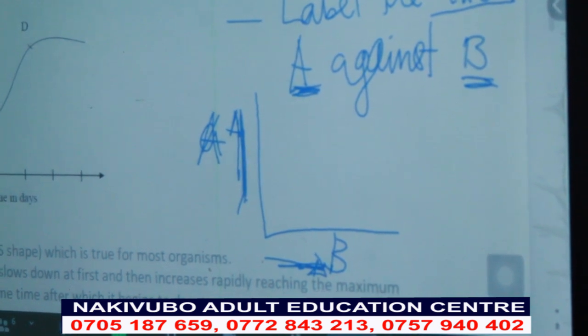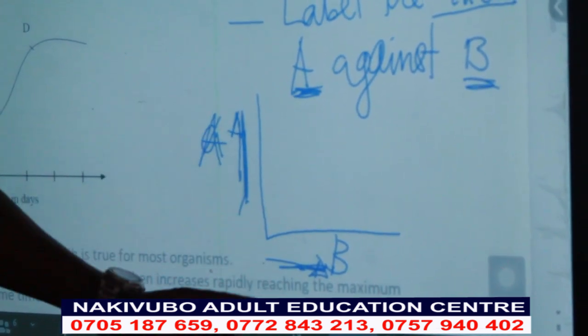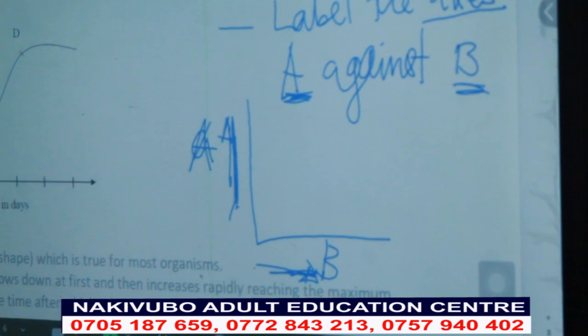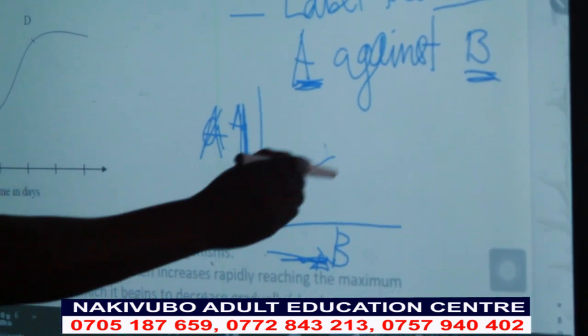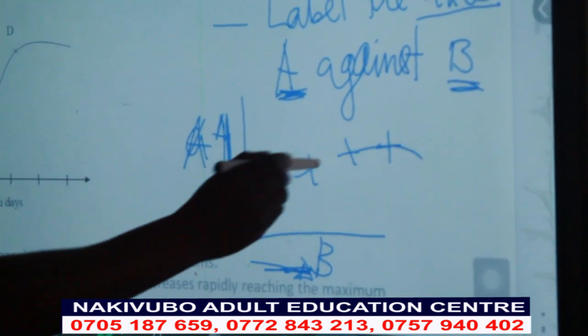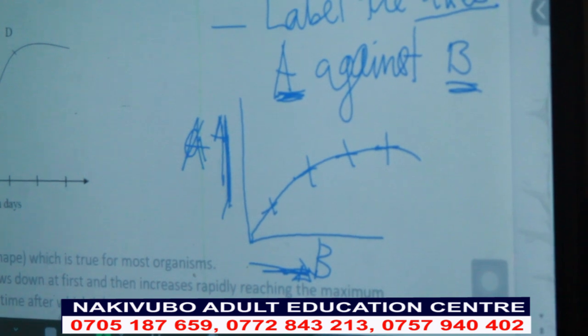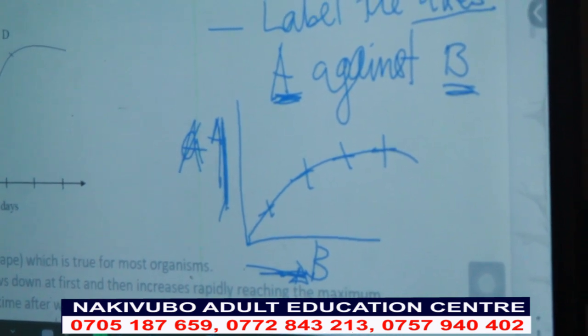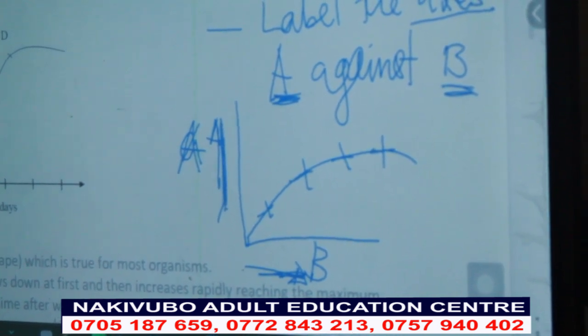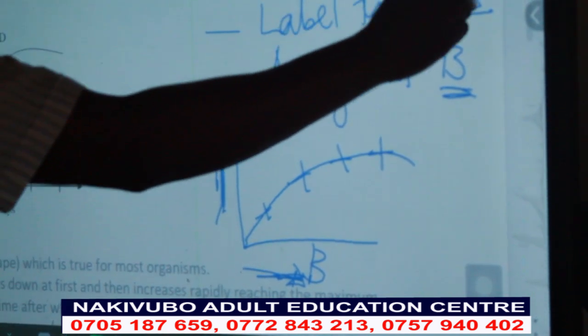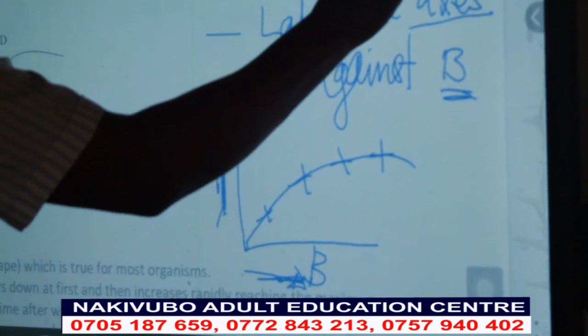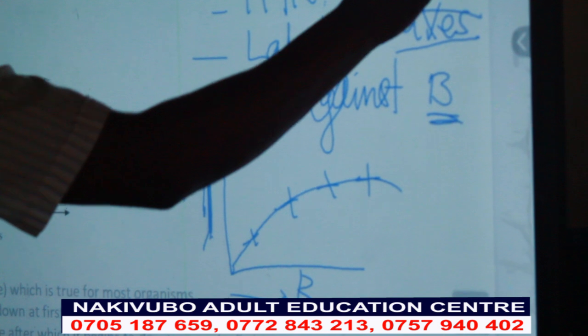Next, I said the axes must be labeled. Each point which you plot on the curve is a mark. Then after that, in the right hand corner, you write the scale used.